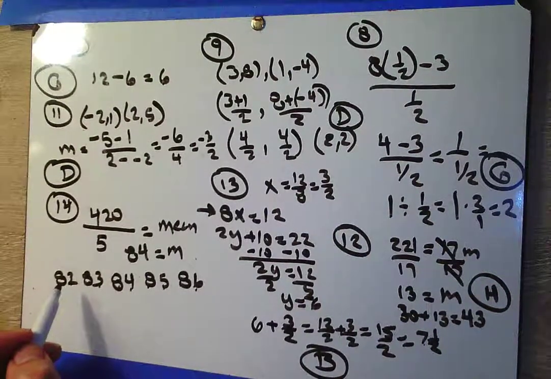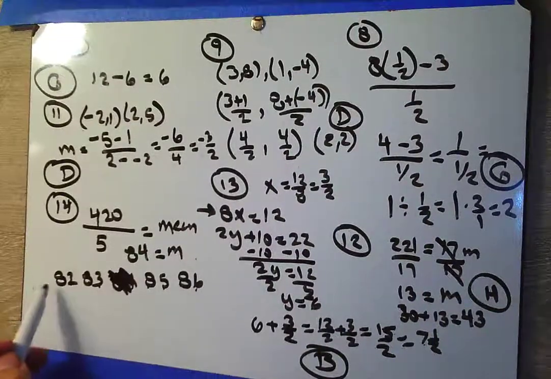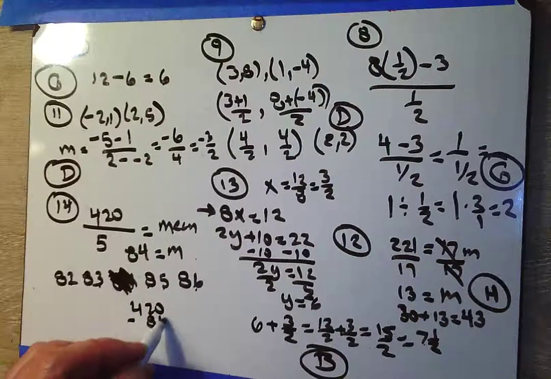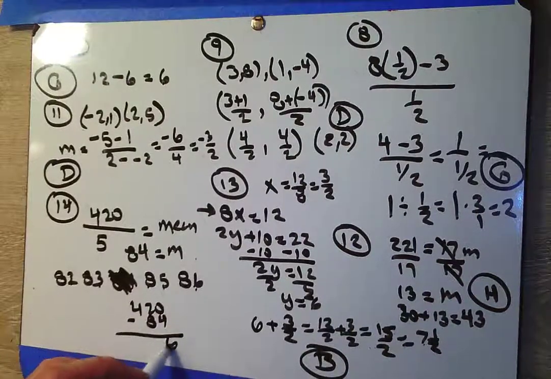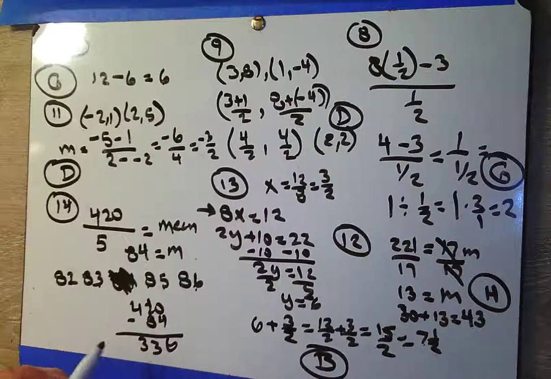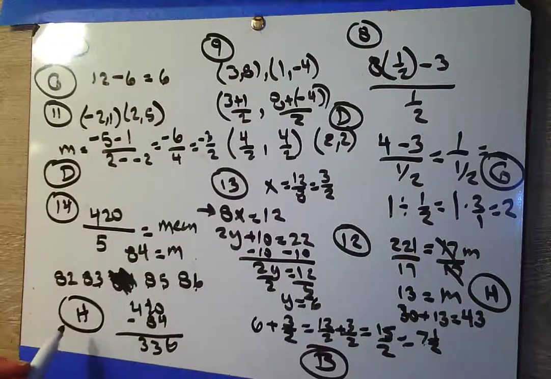Good. We take out the mean, and then we add these up. So 420 minus 84, I'm left with 336. 336, and that's choice H.